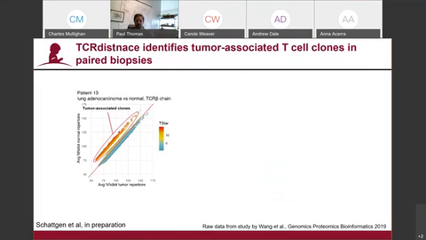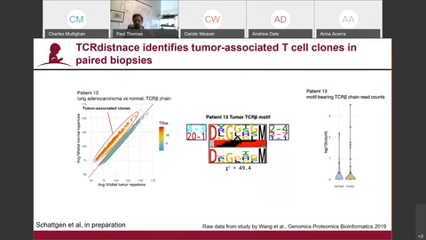And this is some published data from this paper here, where we identified a number of tumor-associated clones that we assume are potentially tumor-specific clones. And we can then look within those clones and identify specific motifs within the T cell receptor. So this is the V regions those T cell receptors use, the J regions, and then that CDR3 region, that's the really important contact with the peptide.